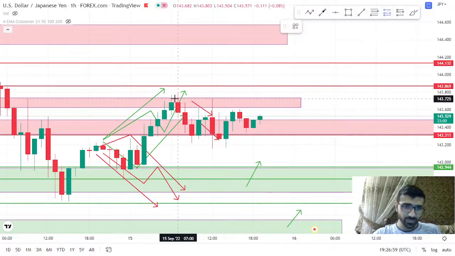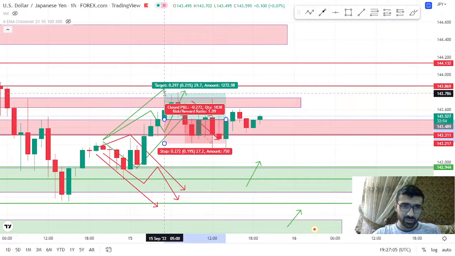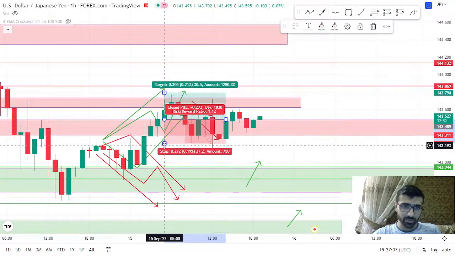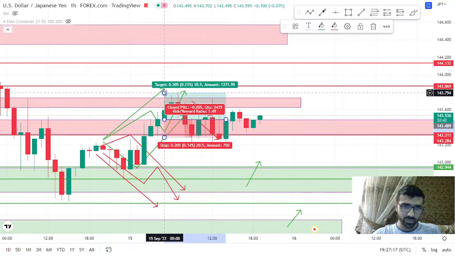Which was a risky setup, and our non-risky setup was this. If we would have taken this trade, my take profit would be over here, my stop loss would be over here. So we would have made approximately 1 point.